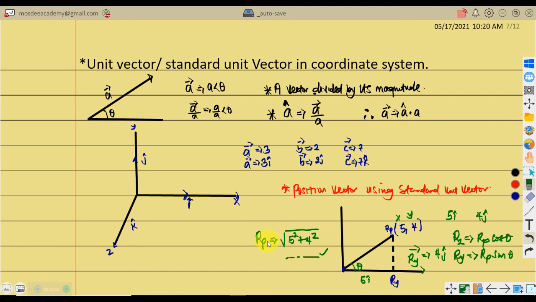I believe you understand the representation and how to calculate each of them. Remember, RY is acting downward and RX is acting here. So the coordinates of RX and RY give me the RP, which is the square root of the i cap and j cap components squared.